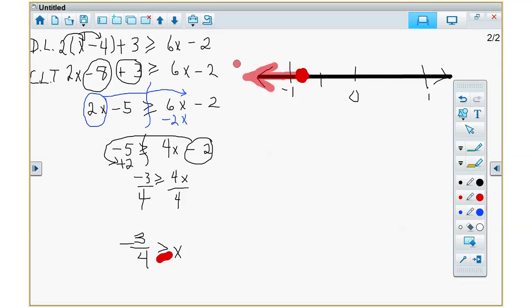Now what's this guy called? He's called negative infinity. So if I wanted to write this in interval notation, I would put a parenthesis, negative infinity, comma, negative 3/4.